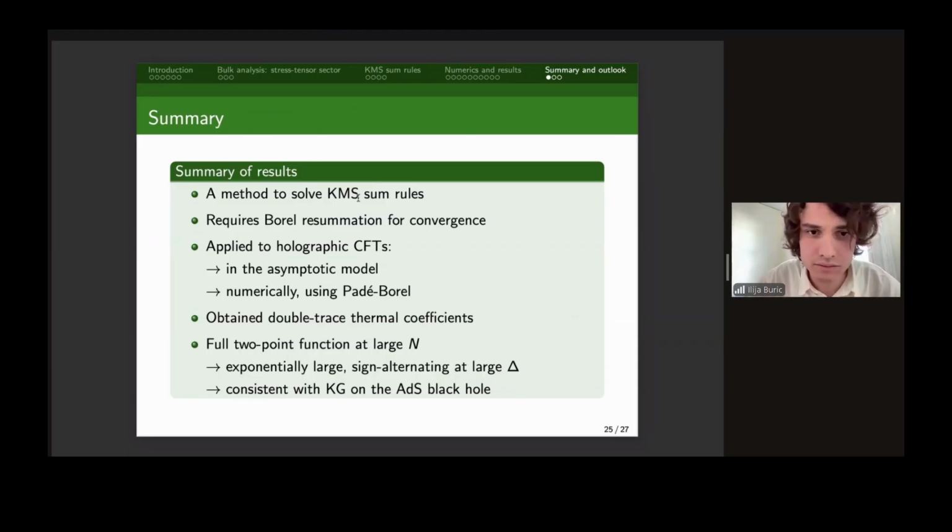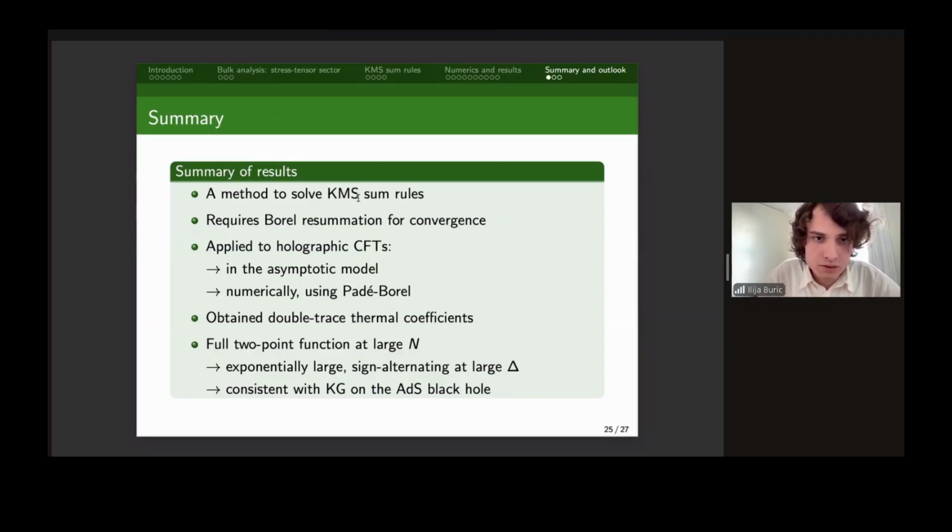One is some linear algebra and ways to write a formal solution, and the second ingredient is how to regularize the solution and make it convergent. And this Pade-Borel procedure seems to do the trick.